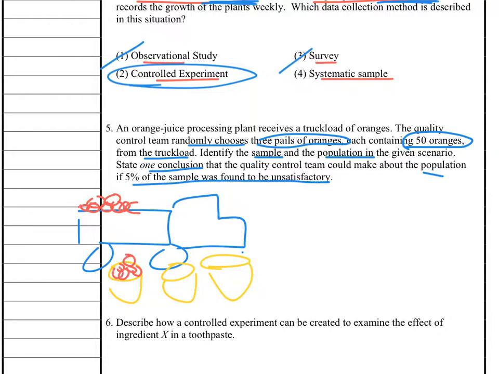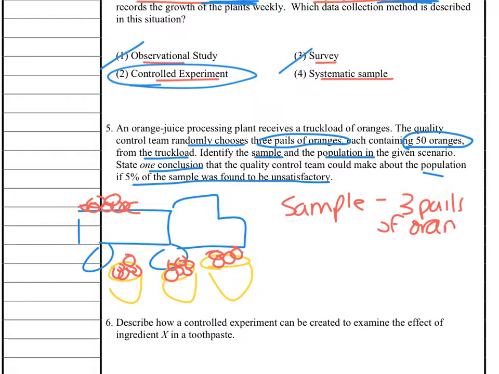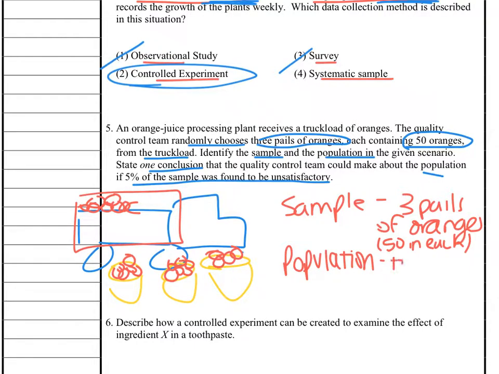So your sample here is the smaller portion of the whole population. So in this case, our sample would be the 3 pails of oranges. And again, there's 50 in each. And then our population would be the place that we took those samples from. And in this particular problem, we're taking it from the truck. So this is the truckload.